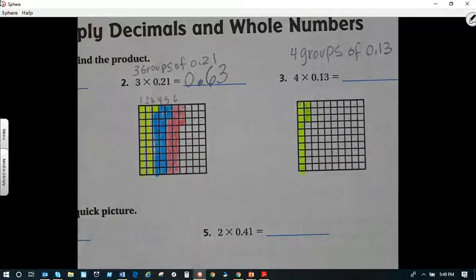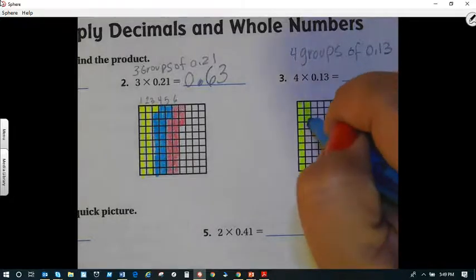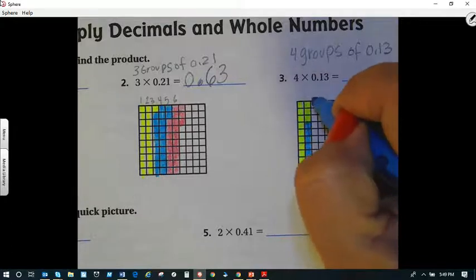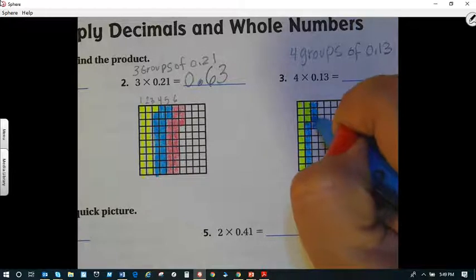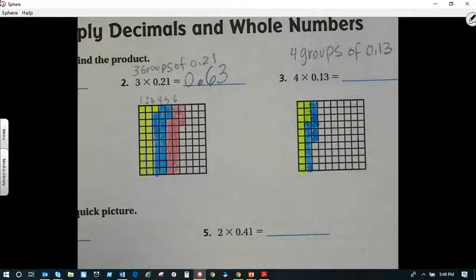Okay? I'm going to shade in the next group of 13 hundredths, but I've already done 3, so I have 7 left. So I'm going to shade in this 7. Makes it 8, 9, 10, 11, 12, 13. So that's 2 groups of 13.